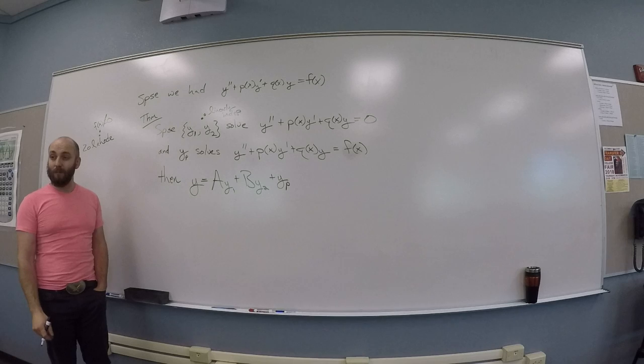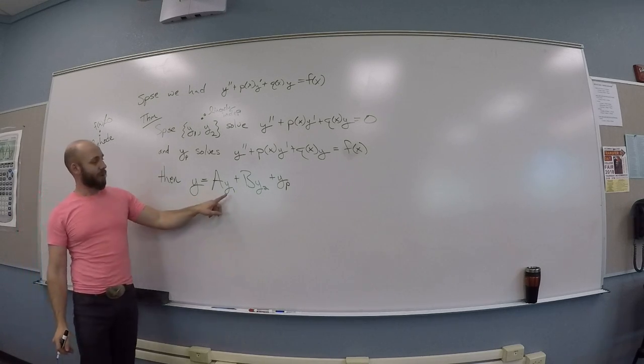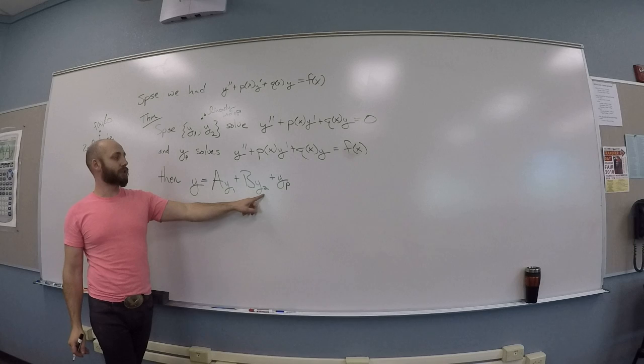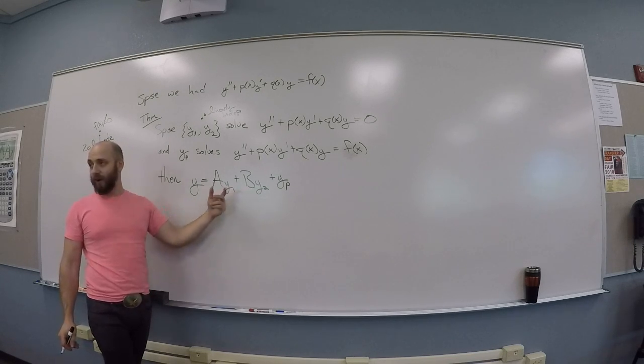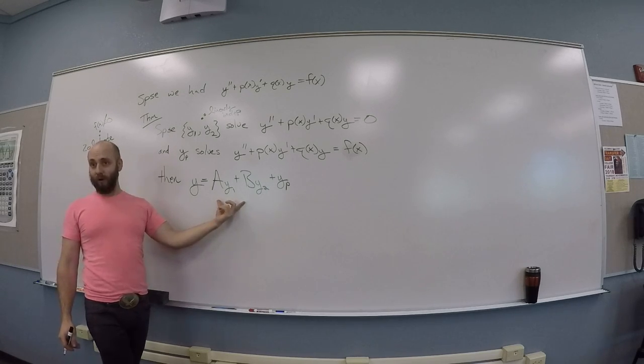If I plug y1 in, I know that's going to zero out, so a constant multiple of that will still zero out. If I plug y2 in, that'll zero out. And the derivative is linear, so if I have two things and I add them together and differentiate, that's the same as their derivatives added together.